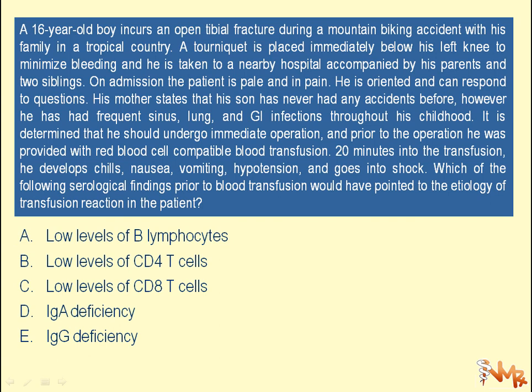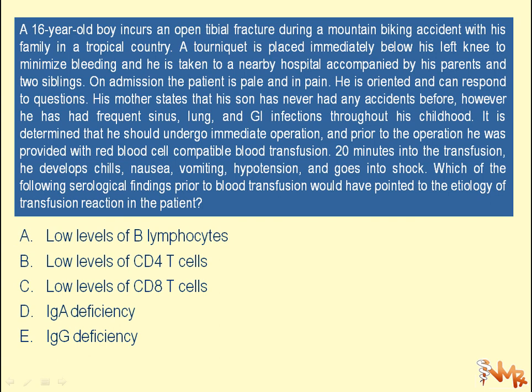It is determined that he should undergo immediate operation, and prior to the operation, he was provided with a red blood cell compatible blood transfusion. 20 minutes into the transfusion, he develops chills, nausea, vomiting, hypotension, and goes into shock.